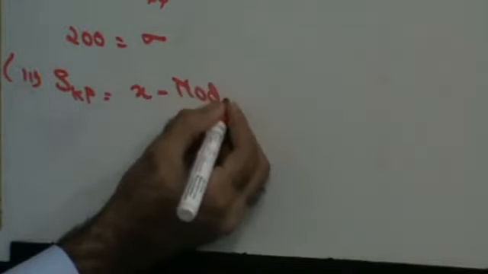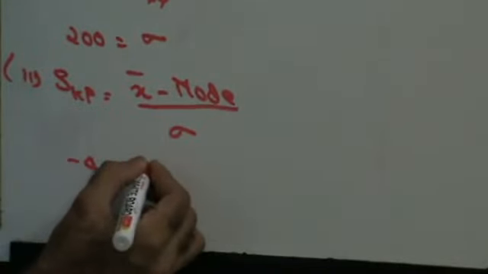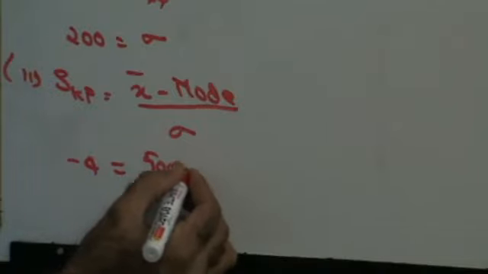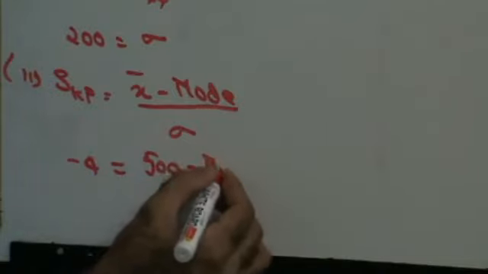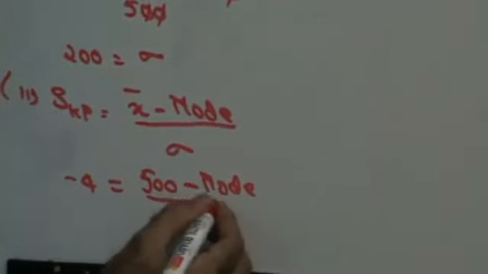Once you have this, next second thing they have asked you to find out is Carl Pearson's coefficient of skewness, which is given to you. So I can say Carl Pearson's coefficient of skewness is mean minus mode upon standard deviation. So this is given to you as -4 is equal to mean 500 minus mode upon standard deviation.